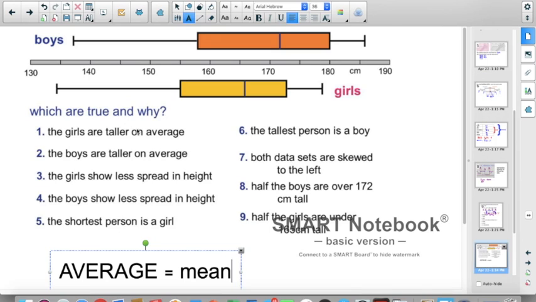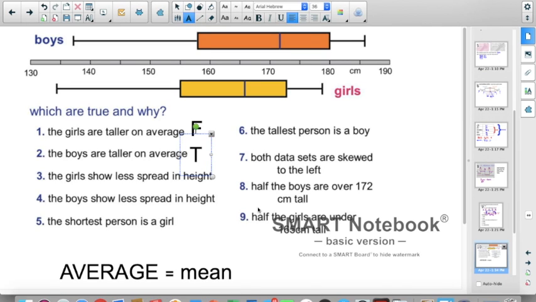So let's use that. The girls are taller on average. No, it doesn't look like it. It looks like the boys, their box here is farther along to the right, higher. So the girls on average are taller. No, that's false. The boys are taller on average. Yeah, that's true. They're a little bit more to the right.